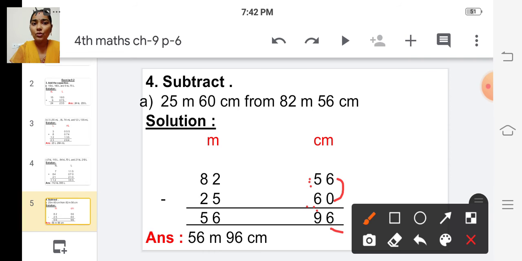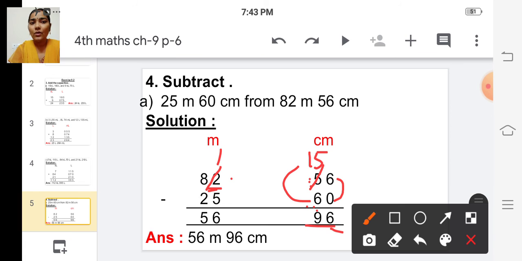We have to borrow. So this will become 1 and this will become 15, right? So 15 minus 6 is 9.